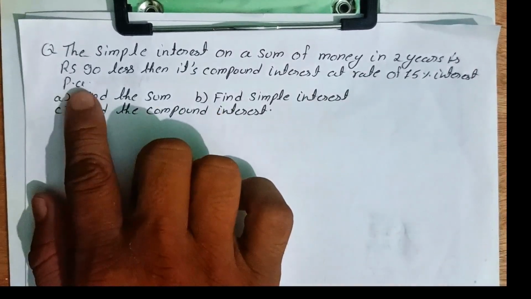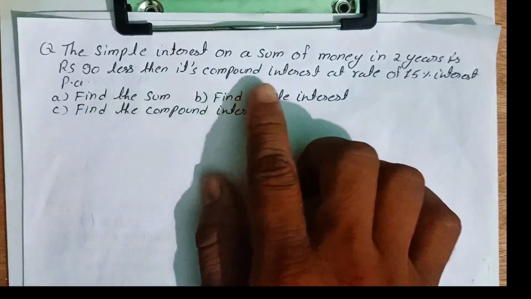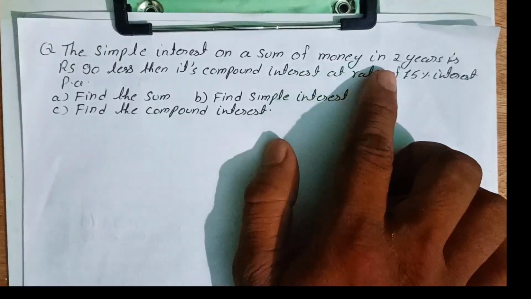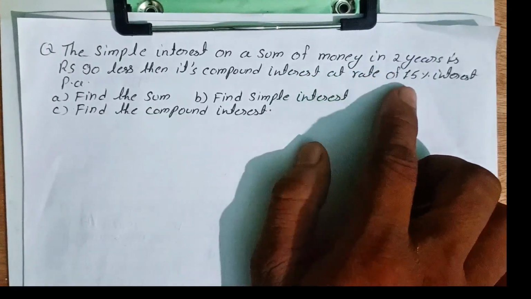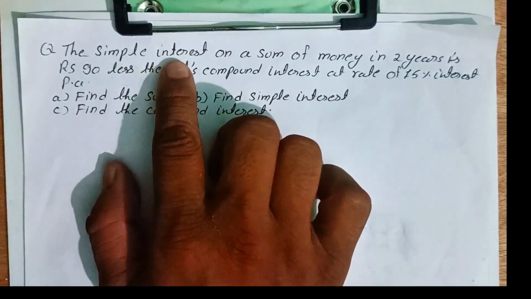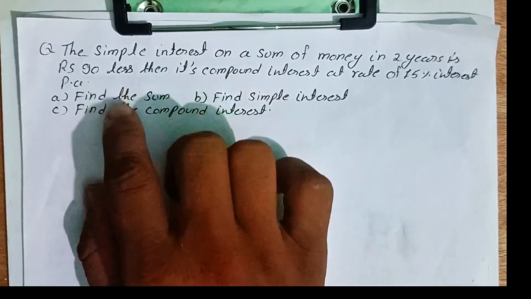interest per annum. The question is just saying for a certain sum of money in 2 years at a rate of 15%, the simple interest is less than the compound interest by Rs 90.